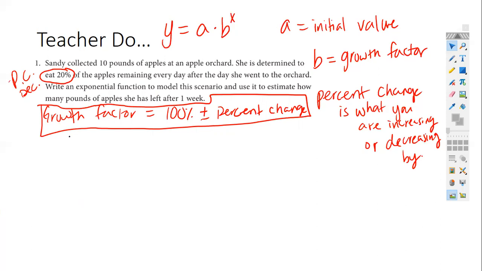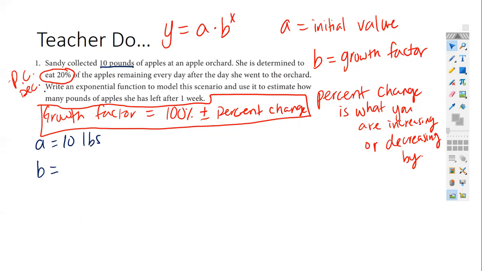Based on what you read here, what is our a for this problem? What is our initial value? Our initial value is what? 10 pounds. Do we see that? So 10 pounds is our initial value. What is our growth factor? 100% what?